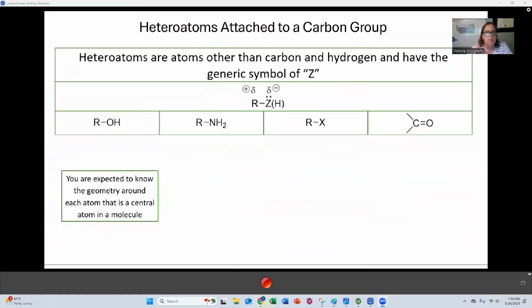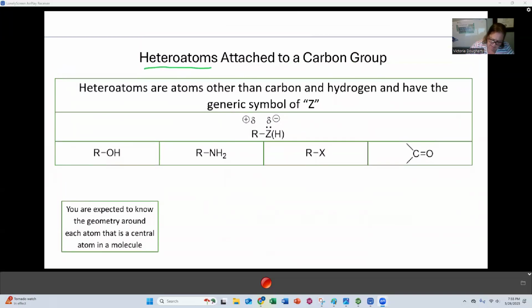Real quick, I'm going to identify a very small way of identifying specific types of atoms. We use the word heteroatom. Heteroatom is just a generic terminology. We use the symbol Z, and Z could be oxygen, nitrogen, sulfur, phosphorus, fluorine, bromine, or iodine.